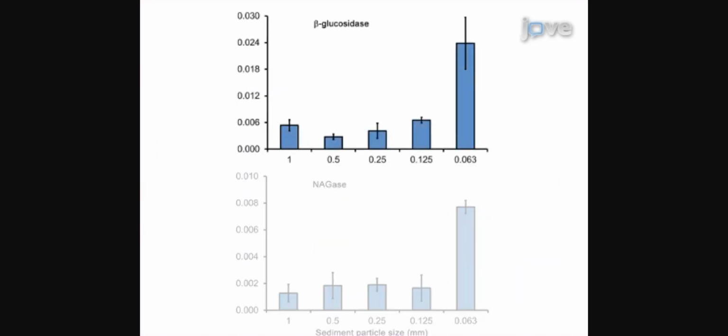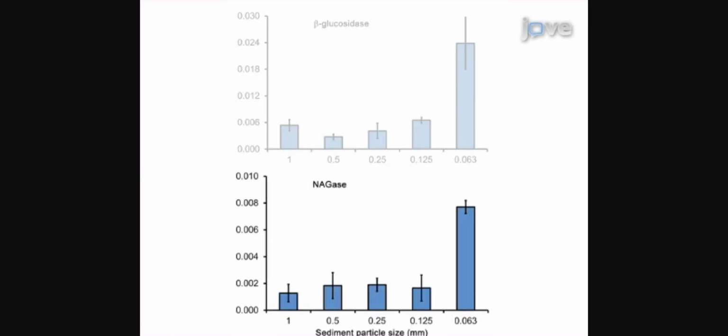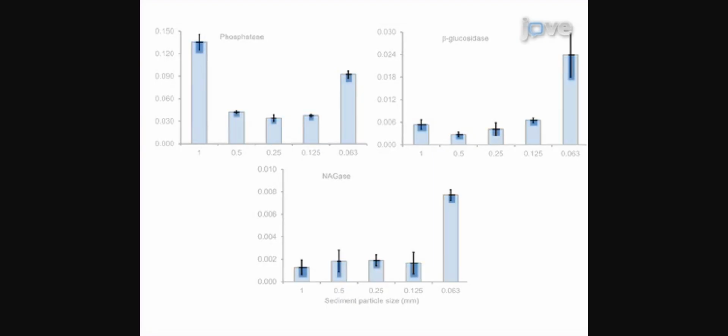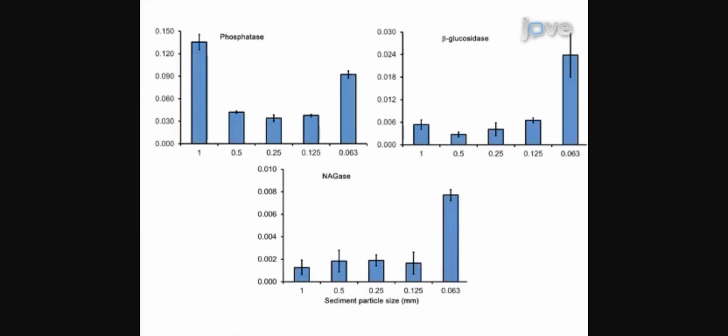Other enzymes, such as beta-glucosidase and NAGase, show similar peaks on the finest particles, but are not elevated on 1 mm particles, highlighting the fact that different enzymes may show different environmental distributions, and these can be elucidated using this assay. The relatively low error bars show that colorimetric assays of enzyme activity on sediments are reproducible and thus amenable to statistical analysis when comparing different environmental samples.